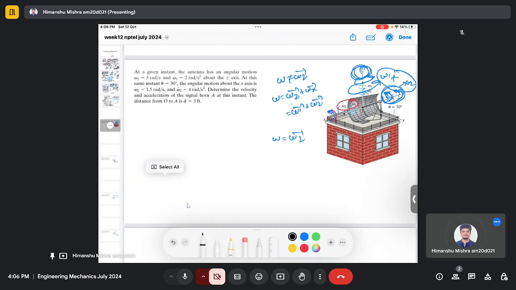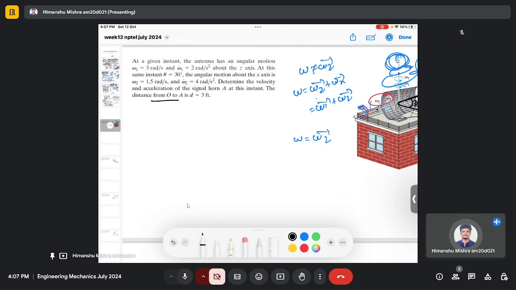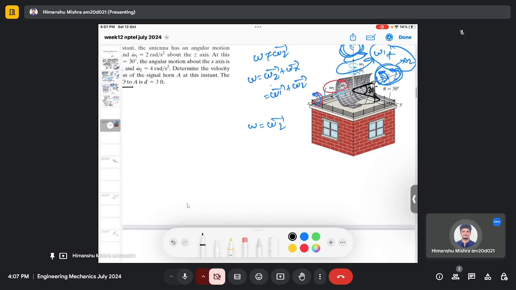So it is given that the distance of O to A is d, which is at 30 degrees from the y-axis, right? So my position vector is RA. First, to find the velocity of signal horn A, so this is the signal horn A, it is given by omega cross RA.